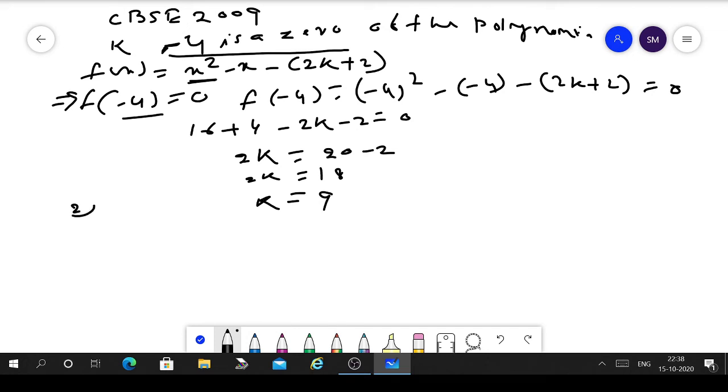Another question of the CBSE board, 2010. What is the question asked?